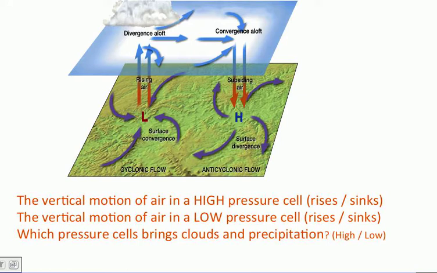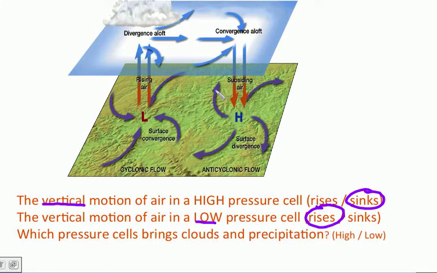Okay, so again, looking at this diagram, seeing what's happening with the high and low pressure systems, we know for sure the vertical motion of high pressure, we've discussed several times. Vertical motion of high pressure is of course sinking, whereas the vertical motion of low pressure is of course rising, and we can see those again in our diagram.